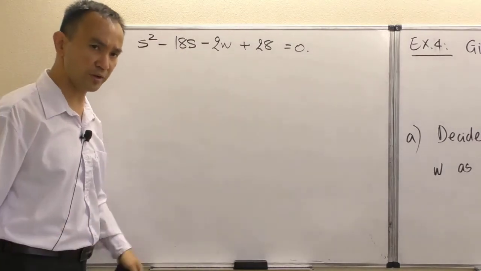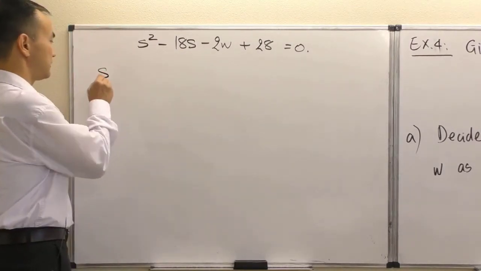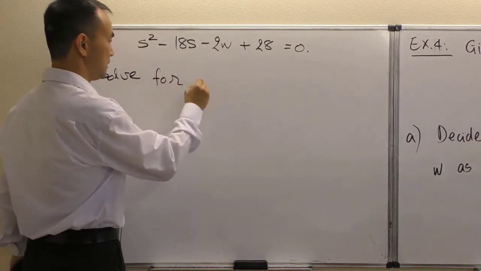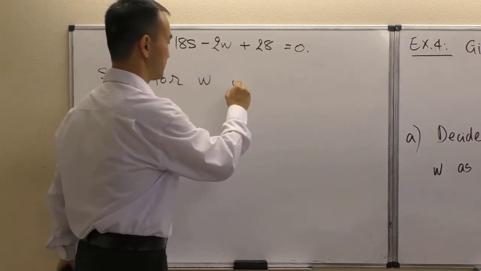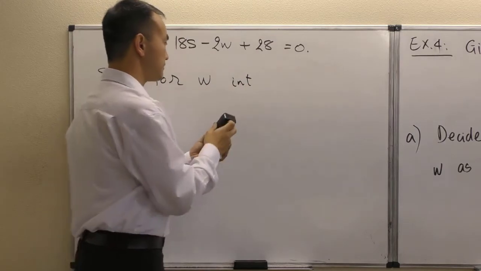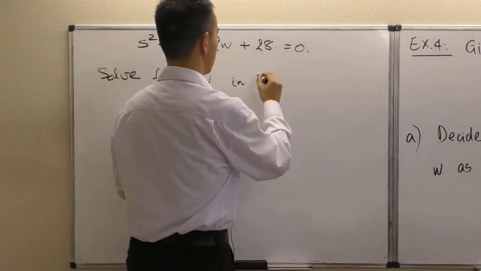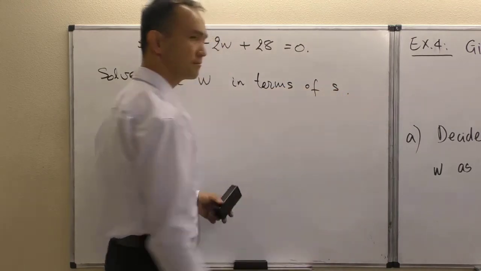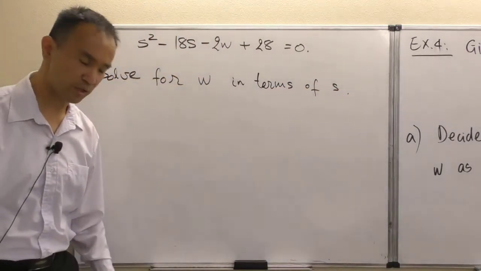Here's how you do it. The main way is to solve for w in terms of s. That's what you need to do first.